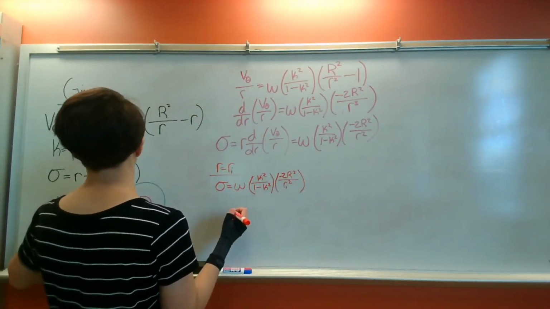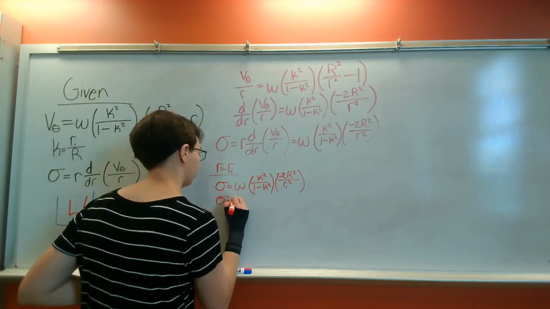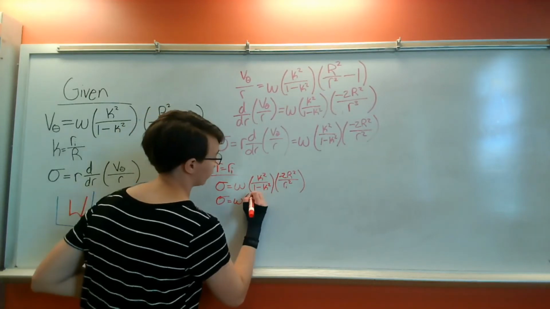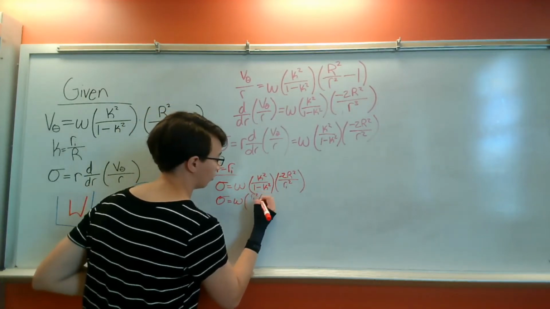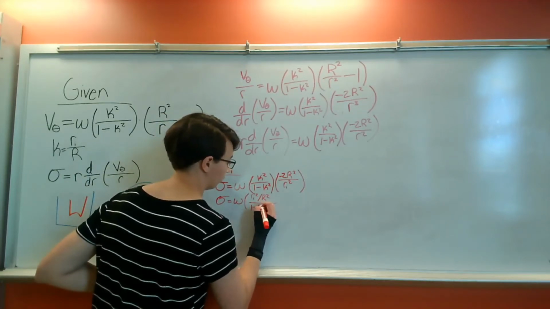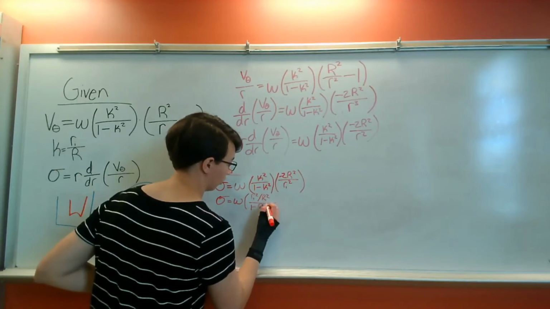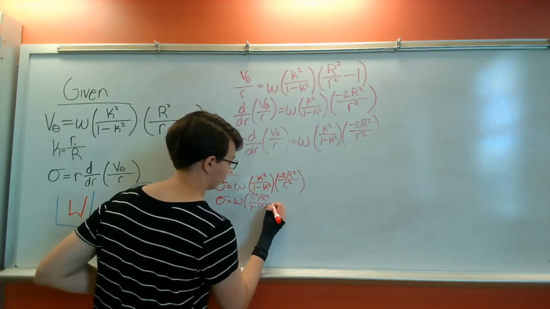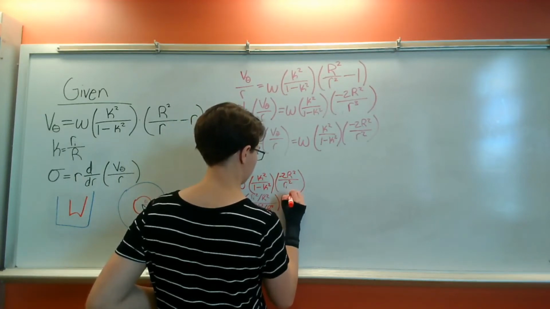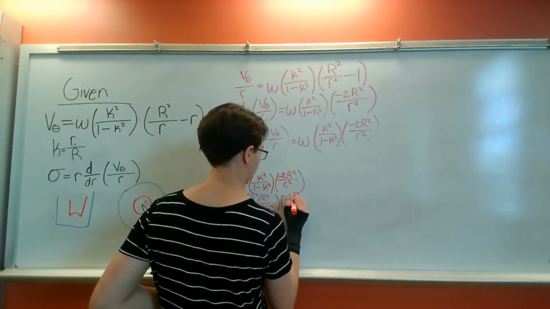And then if we plug in our ratio for k, we'll have that the shear rate is equal to omega times inner radius squared over outer radius squared, over 1 minus inner radius squared over outer radius squared, times negative 2 outer radius squared over the inner radius squared.